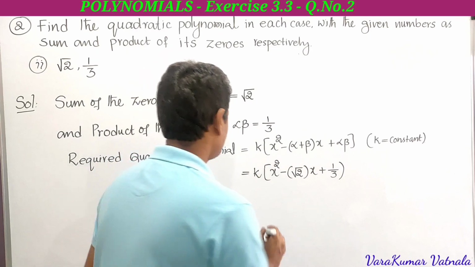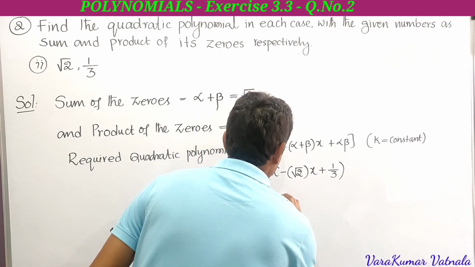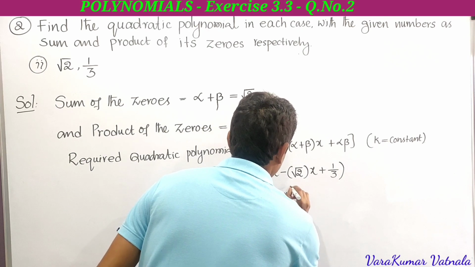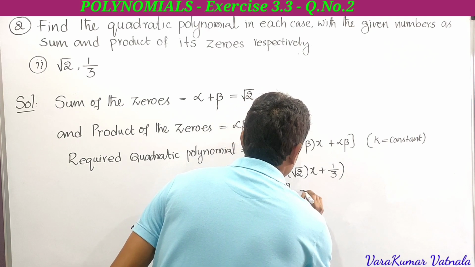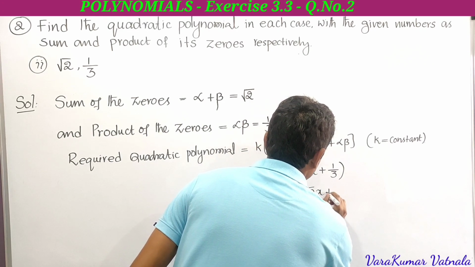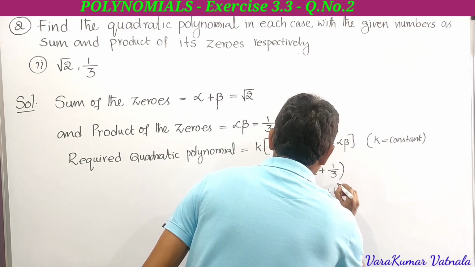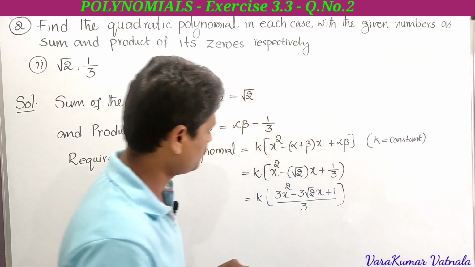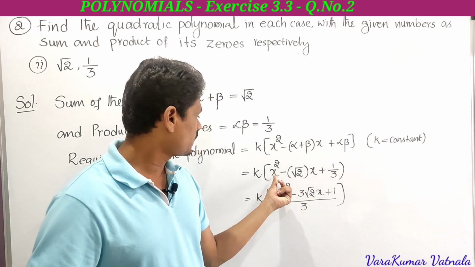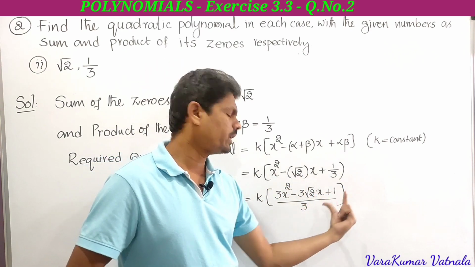So find LCM. 3 is the LCM here. We can get 3x square minus 3 root 2 into x plus 1 divided by 3.